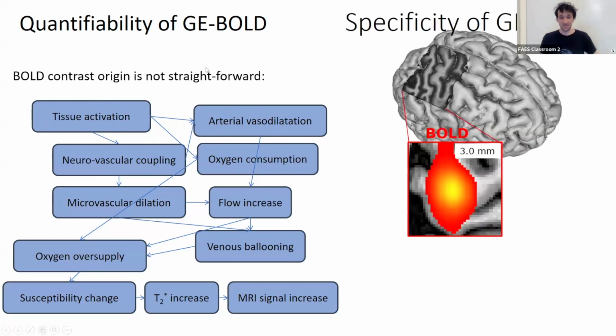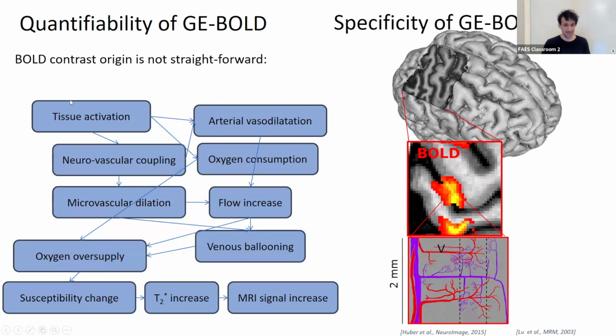The second big issue that we have with BOLD is something that I alluded to already 2 weeks ago, namely the localization specificity. I showed you this animation where when you increase the resolution further and further, you still end up with these fuzzy blobs. And now you have these blobs at high resolution, which doesn't buy you that much. And we know that this is coming from these cascades of different coupling mechanisms. Basically the signal at the end comes from susceptibility changes at the large draining veins.